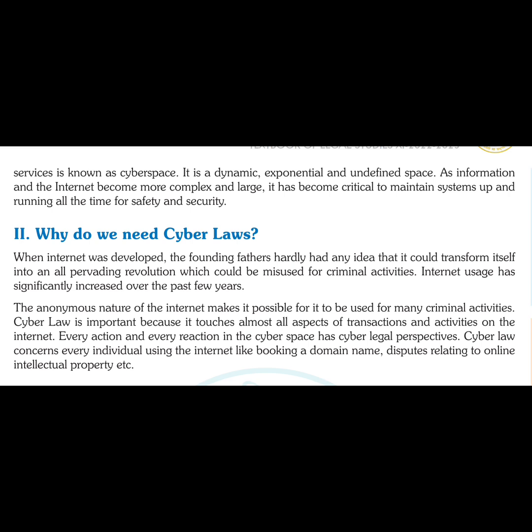And to provide safety, because for suppose if I had done some transaction on internet, I have to purchase some article from Flipkart or something like that. I had initiated the payment for it, but in between the internet went down, or the Flipkart company went down because of some network issue.